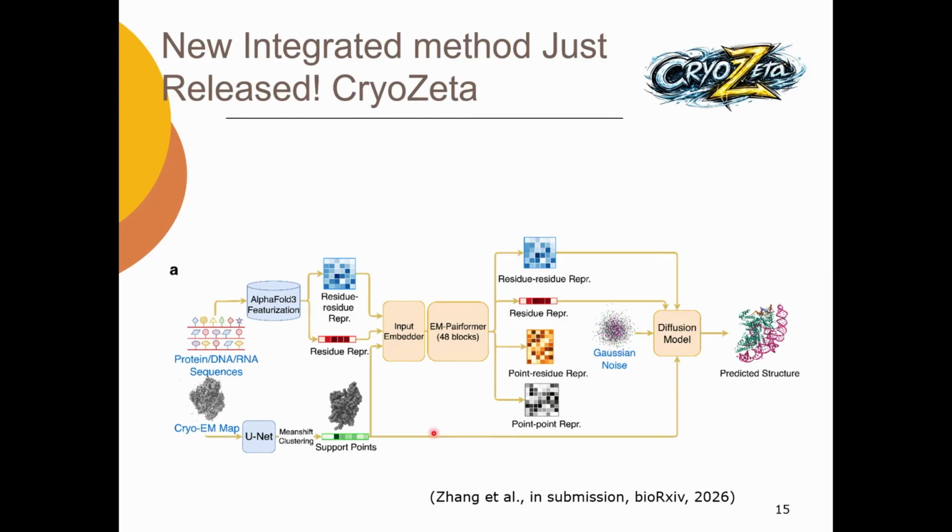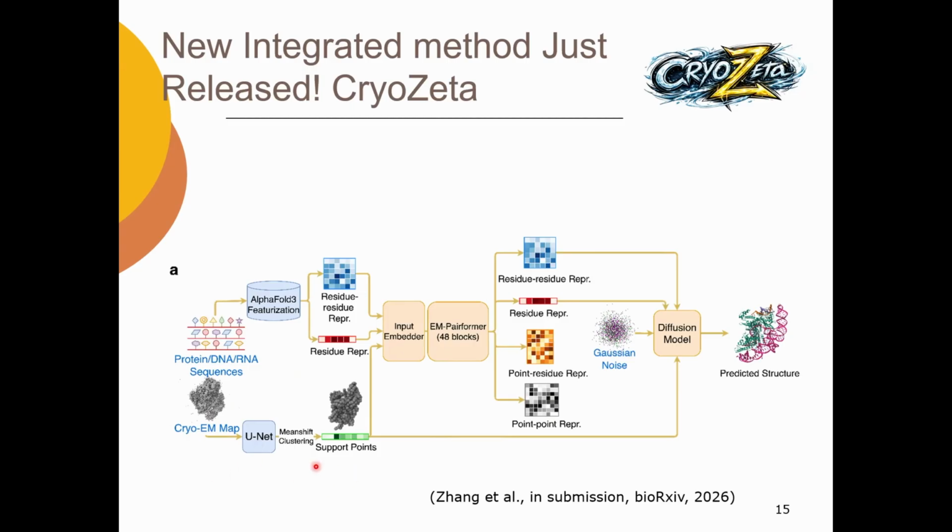As you may know, AlphaFold 3 is an upgraded version of AlphaFold 2, and it can model protein, DNA, RNA, and ligand complexes. We use that architecture, but now including the cryo-EM information directly from the density map. The input of CryoZeta is protein and DNA, RNA sequences, and the cryo-EM map.